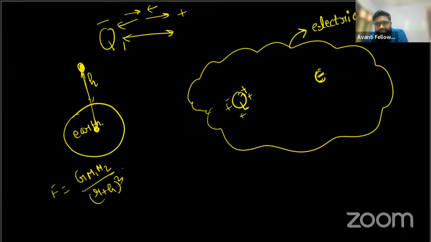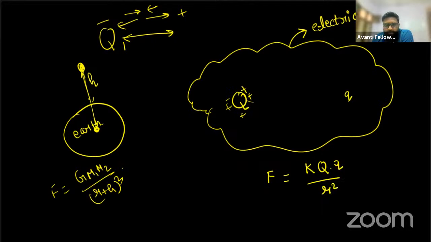Now how do we know the magnitude of it? How do we establish the relation? What is the electric field equal to? For that, we are talking about the amount of force that this charged particle applies on the other. So F is equal to k capital Q small q upon r square.